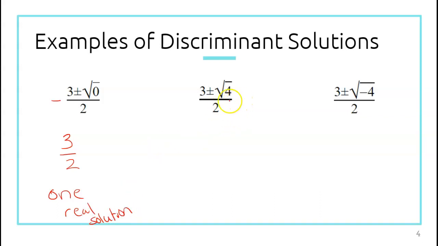If, for instance, we have a positive number under our square root, then this is going to simplify to 3 plus or minus 2 over 2. And that is going to be 1/2 or 5 over 2, or 2 real solutions.